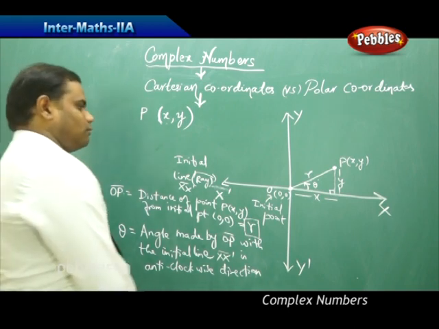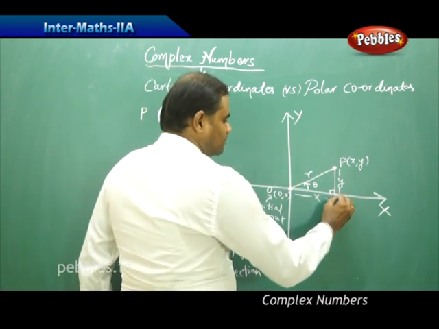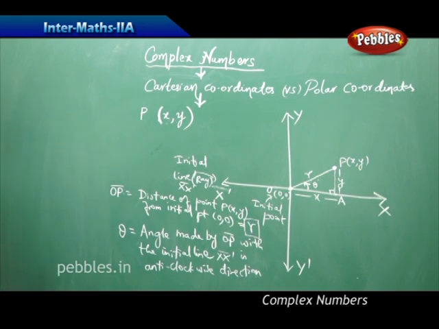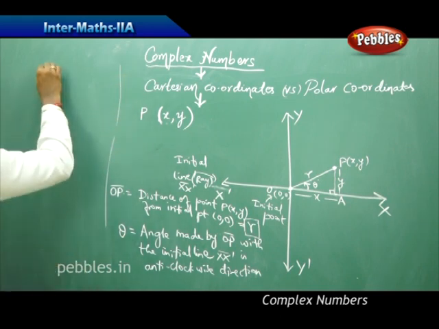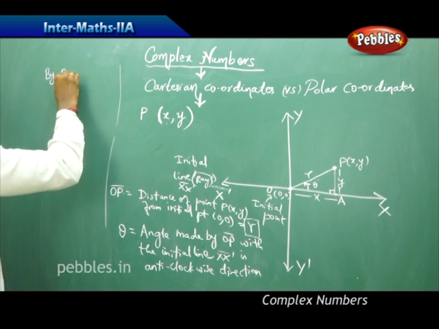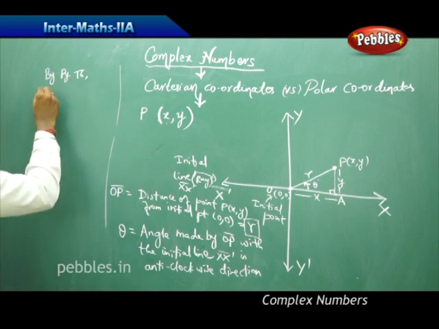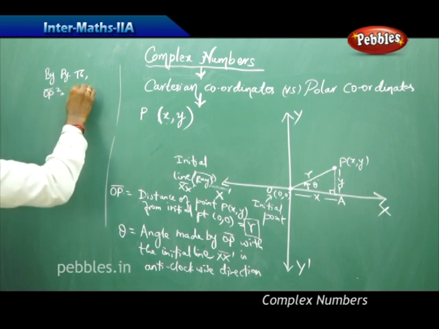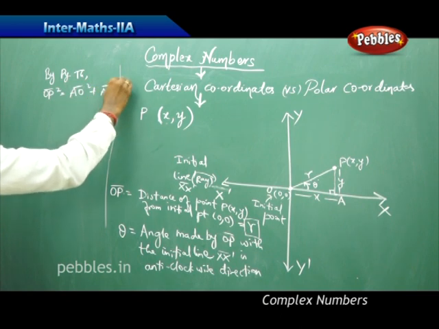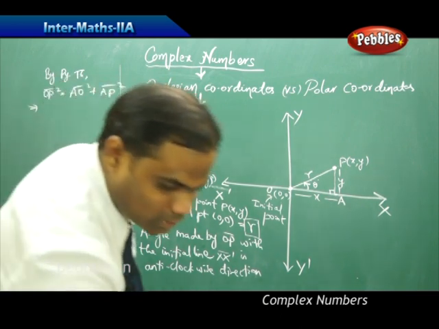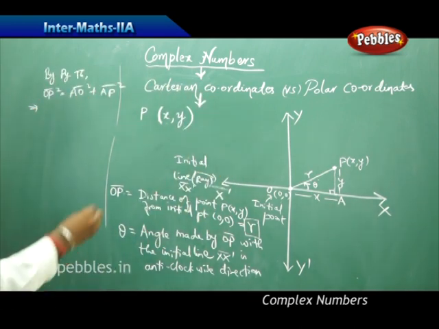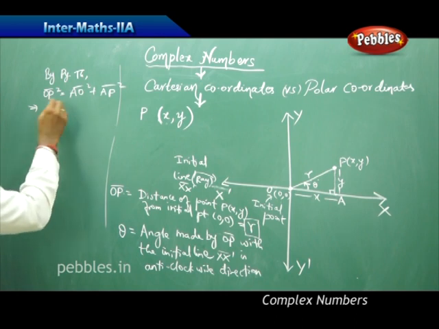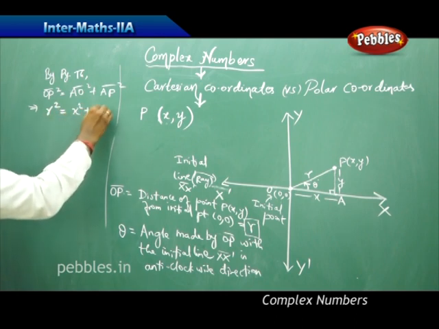Now if I take this as A, then OAP is a right angle triangle where I can use Pythagoras theorem. Therefore, by Pythagoras theorem in triangle OAP, OP square is AO square plus AP square, but my OP square is r square, which is x square plus y square.